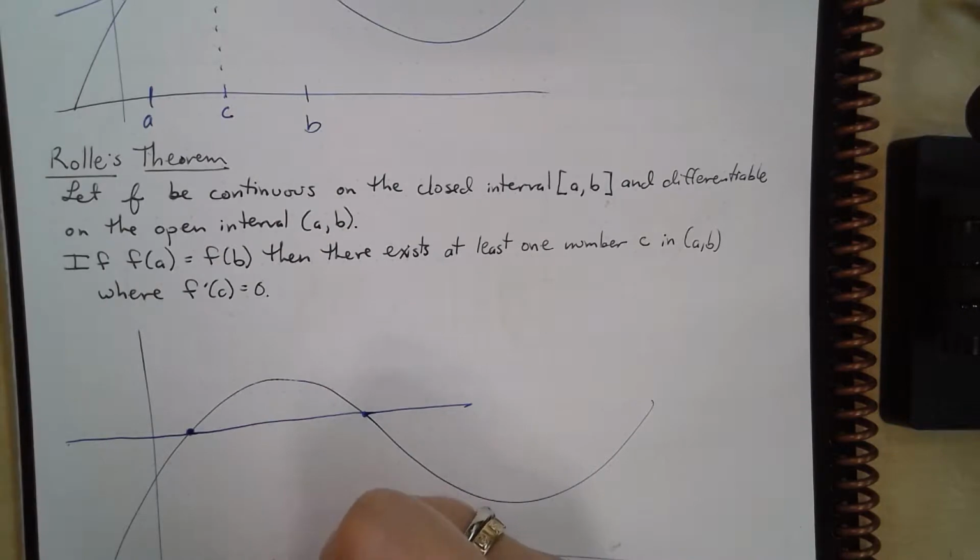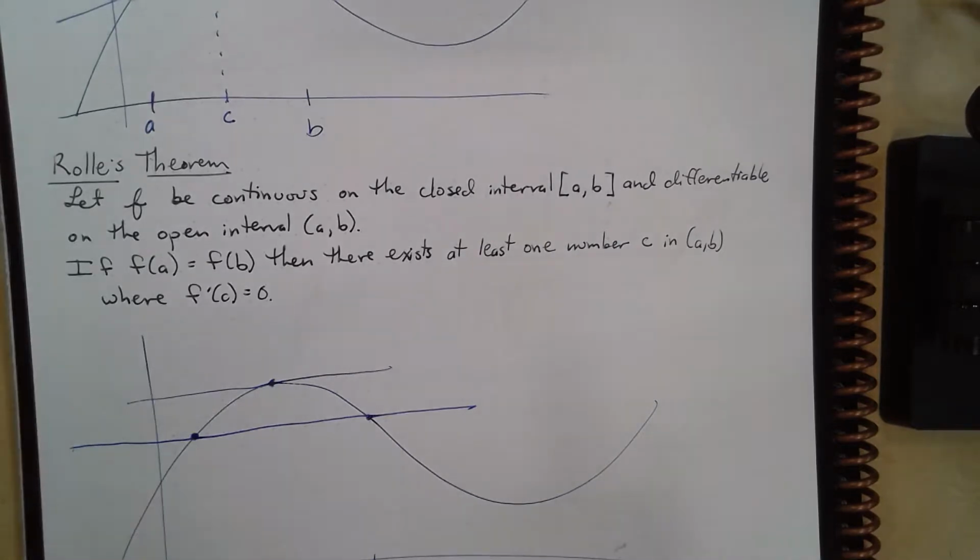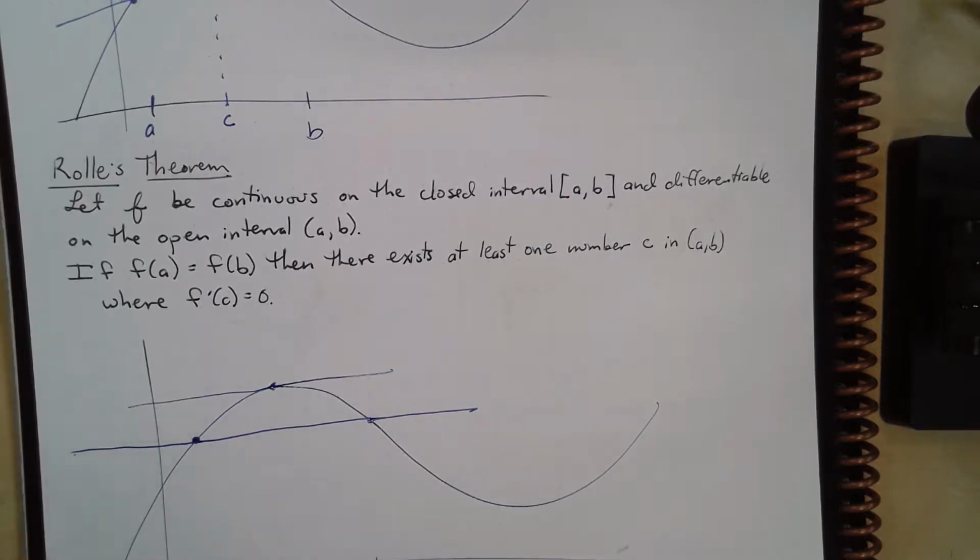There must be a point C where the slope of the tangent line is equal to 0. Basically, there has to be a minimum or a maximum in between if we have f of a equal to f of b. It's going to come up and come back down at some point. Or maybe it's just going to stay straight, if you had a linear function. But at least one number between a and b, so the tangent would be horizontal.